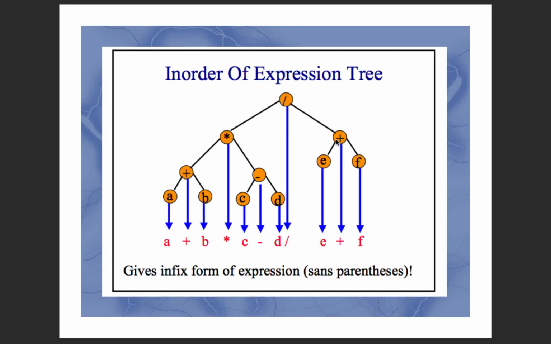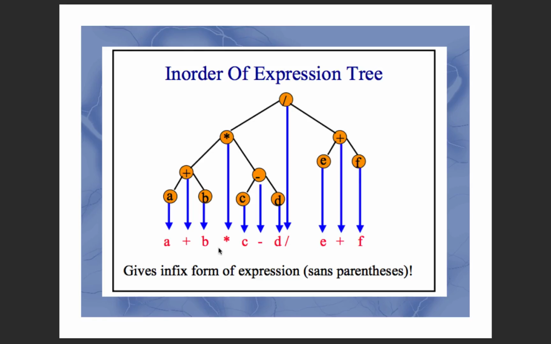After coming to the right side, we see that there is a left. So we go to the left and we print the left. And after printing left, we print the root, and finally we print the right. So after following the in order way, we see that it basically produces arithmetic infix expressions.